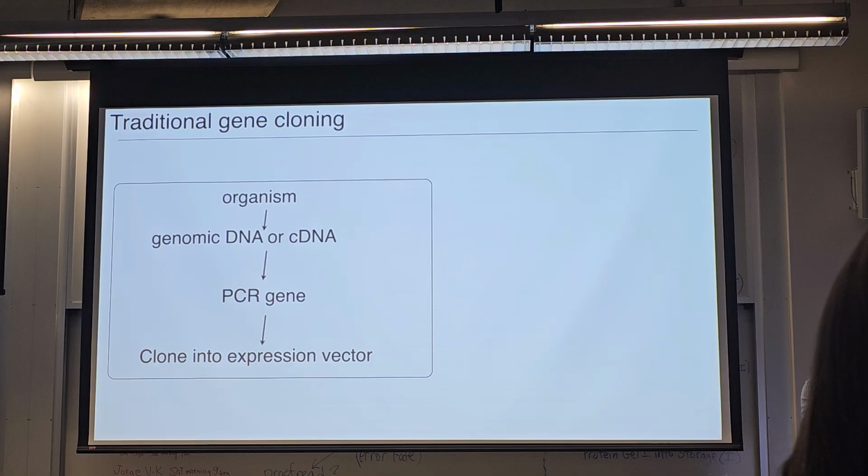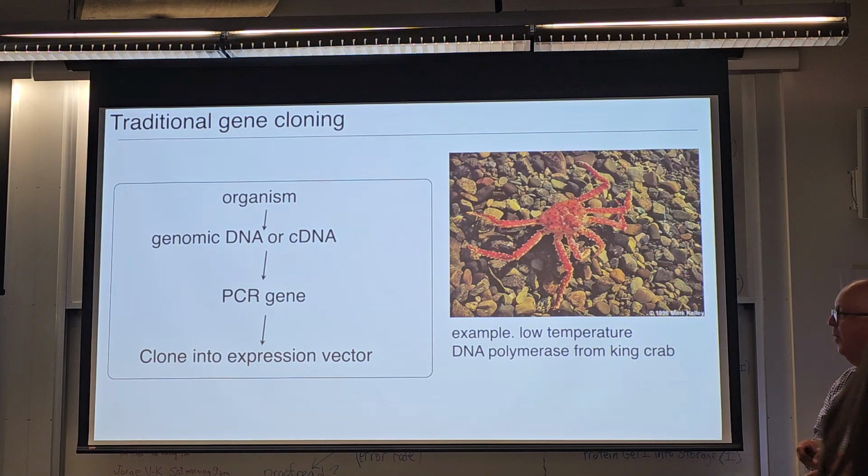So you'd amplify that gene specifically with PCR, and then you would clone that gene into a vector and express it. Okay? So if I wanted to, say, clone a low temperature DNA polymerase from a king crab, I'd have to go get that king crab, and then grind it up, and for eukaryotes, you extract the RNA, convert it to cDNA, and then clone its gene into an expression vector.